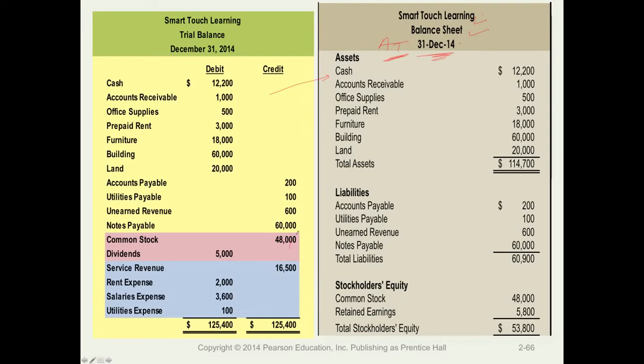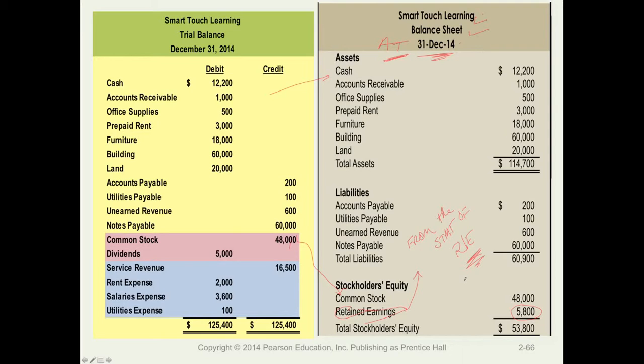Common stock comes again directly from the trial balance, but the retained earnings is going to come from the statement of retained earnings. So that 5,800 comes from the statement of retained earnings. Retained earnings on the trial balance was 0, and it is not used. We therefore have to take this from the statement of retained earnings.